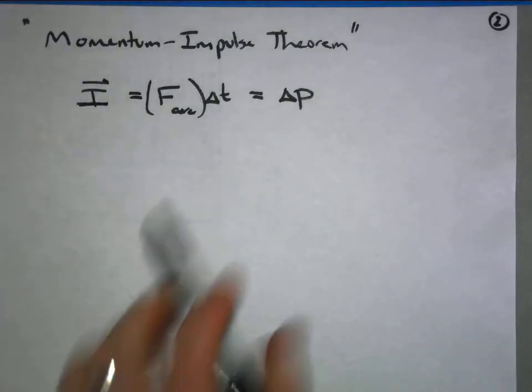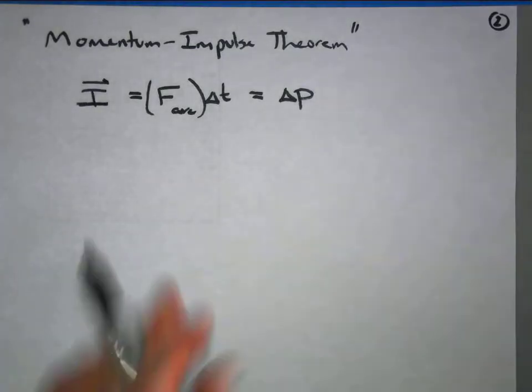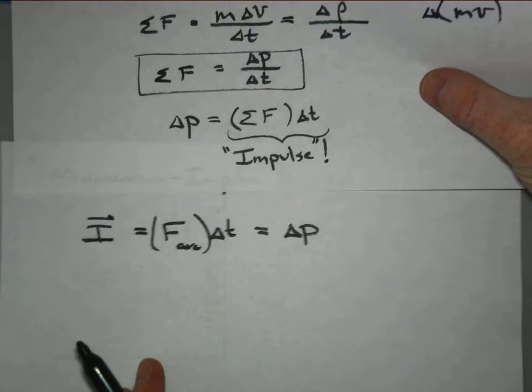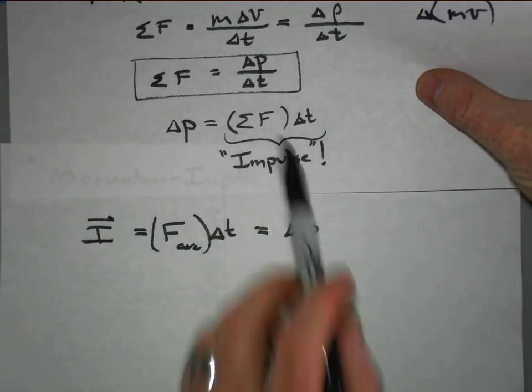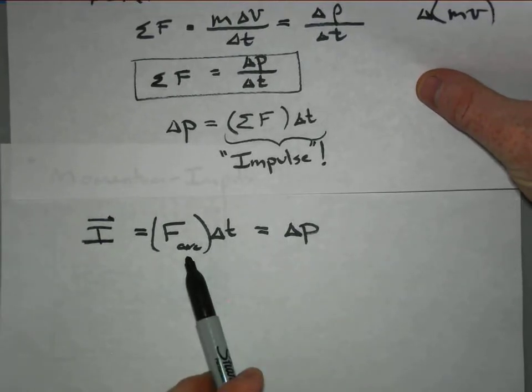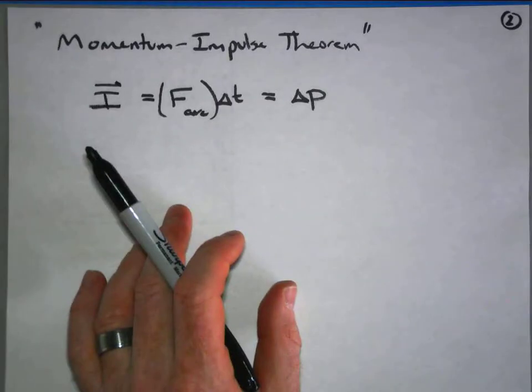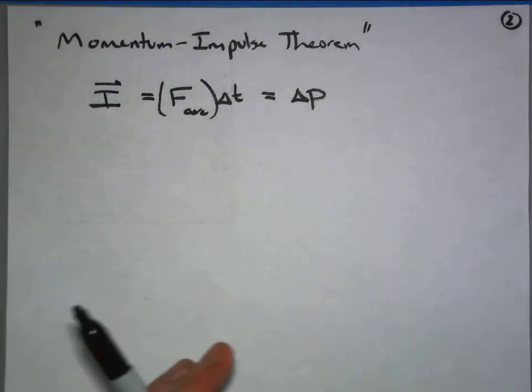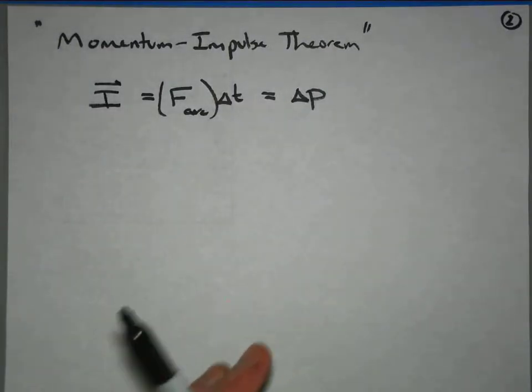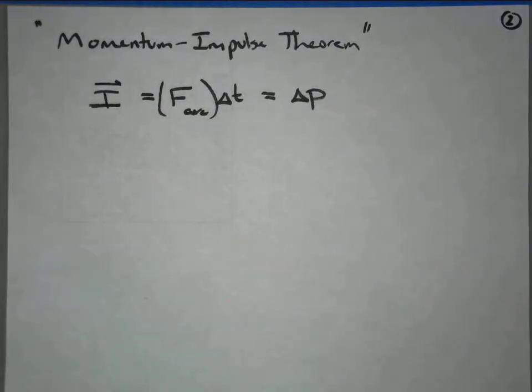Now, the reason for switching from a sum of forces to an average force is pretty important. The thing is, when an object is interacting with something else, and there are forces taking place, the forces are often not constant. In real life, the forces vary.